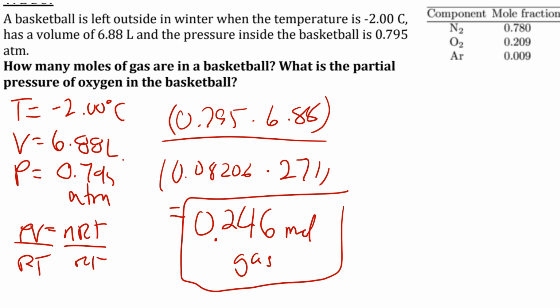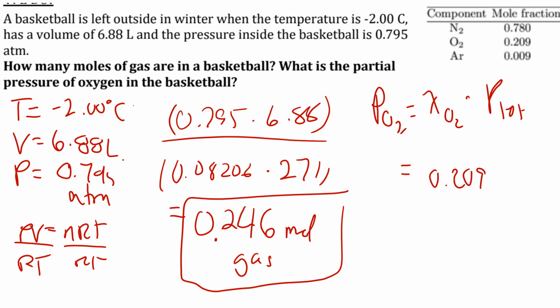To find the pressure of just O2 in the basketball, you are going to take the mole fraction. So P O2 equals the mole fraction of O2 times the P total, which equals 0.209 times 0.795 atm.